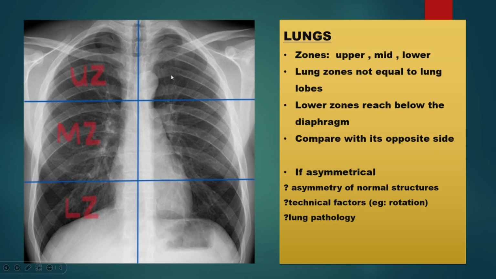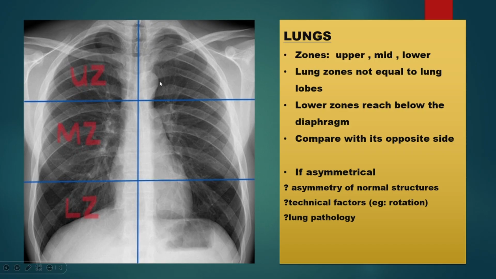Then to localize the pathologies, we divide the lungs into three planes, three zones: upper zone, mid zone and lower zone. We should compare right side and left side. Right upper zone, left upper zone, right middle zone, left middle zone, and right lower zone, left lower zone.